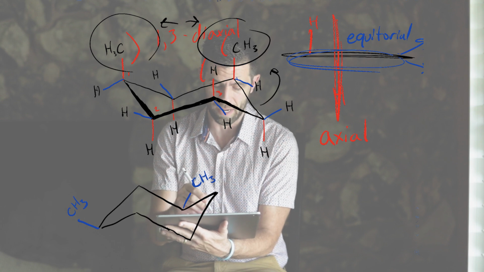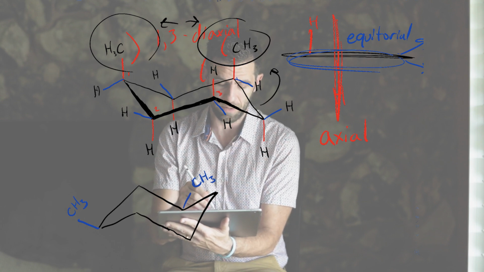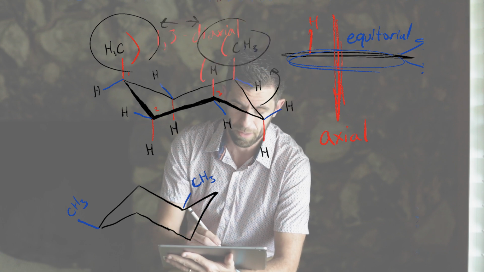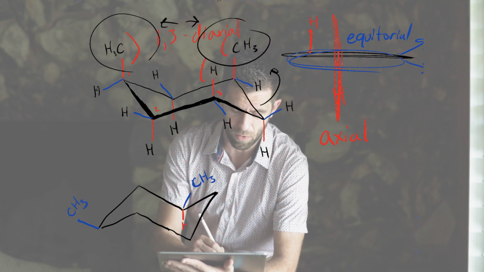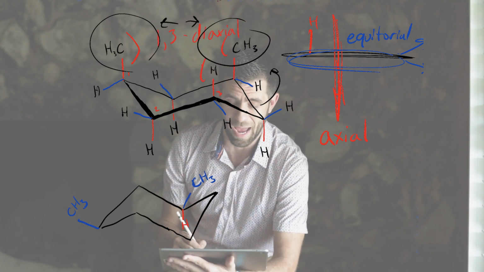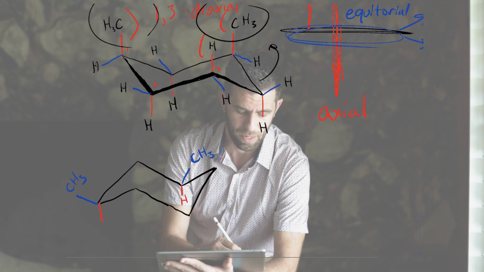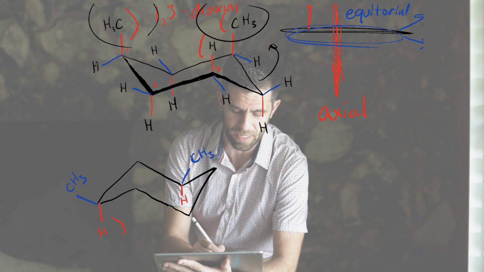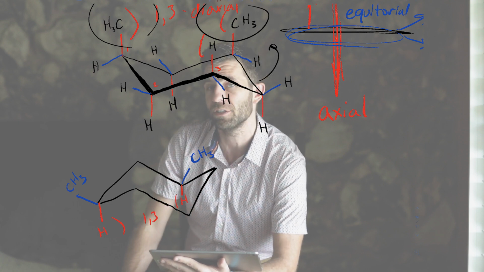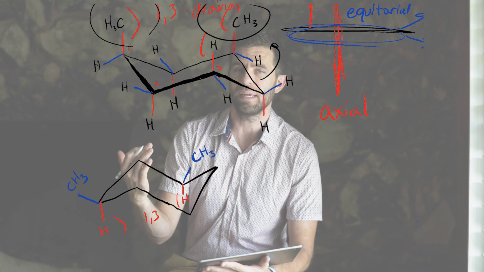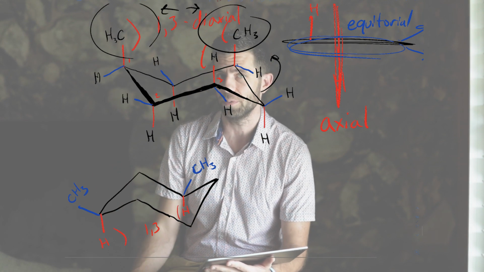Then we're going to have all of our hydrogens, of course, will not have switched positions, but I will draw this hydrogen is now going to be axial down, and this hydrogen here will be axial down. And interestingly enough, these will be having 1,3 diaxial interactions. The difference is now it's a small group like a hydrogen instead of this larger group.